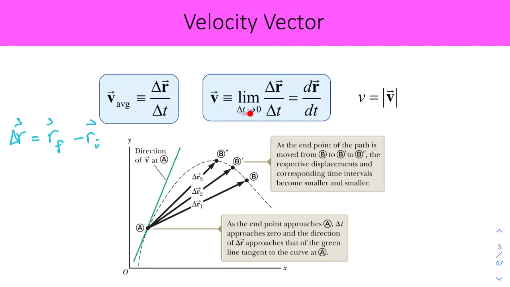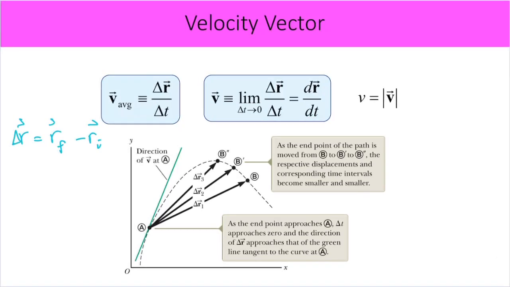However, for instantaneous velocity, you take the limit of the displacement delta R with respect to time, whenever your time is very small, approaching zero. In other words, this is the derivative of R with respect to t. Instead of taking the derivative of the position with respect to time, in a technical method you may also use the tangent line.